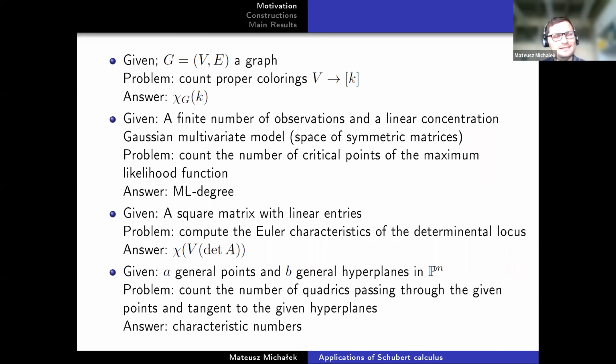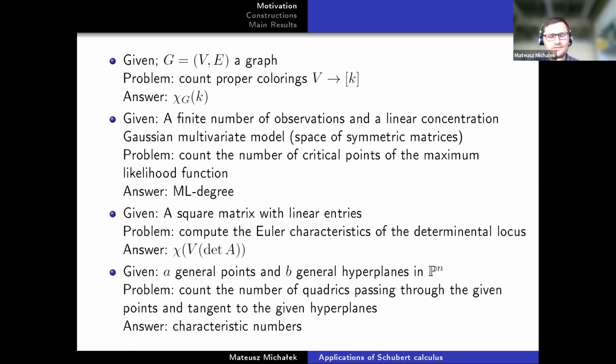And the last problem that I would like to describe, so we had combinatorics, statistics, topology, and the last one is in enumerative geometry. Here I will work always over complex numbers, and Pn is an n-dimensional complex projective space. And I pick there A general points and B general hyperplanes.